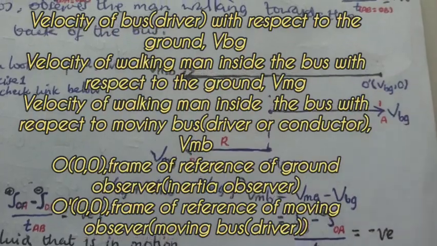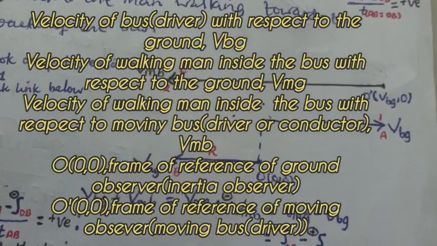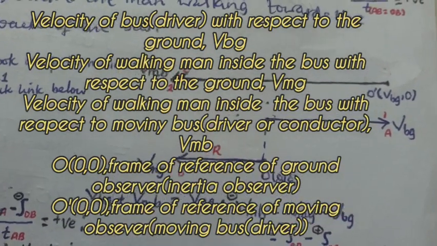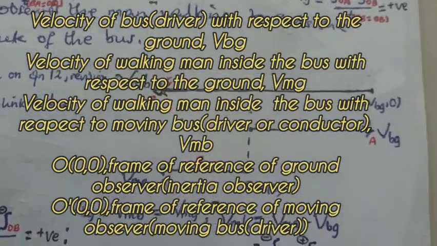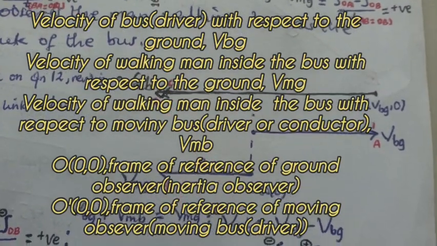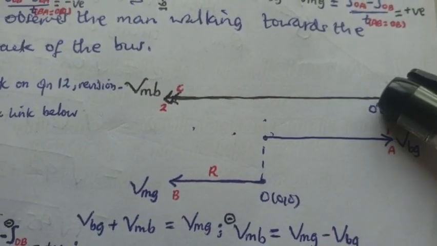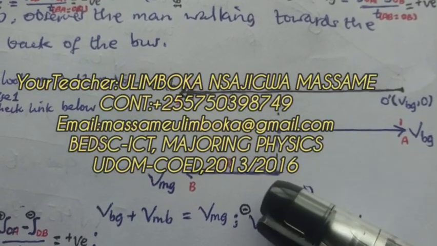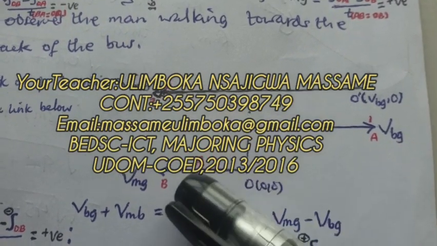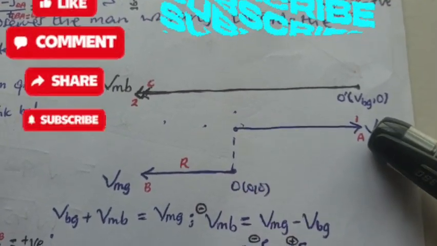As we proceed with our sessions on relativity between two objects that are moving in opposite directions, another case is when the man is moving relative to the bus. For this case, as usual, we must have two sets of frames of reference. The first frame of reference is for the stationary observer, who records the absolute velocity of the walking man and of the moving bus.